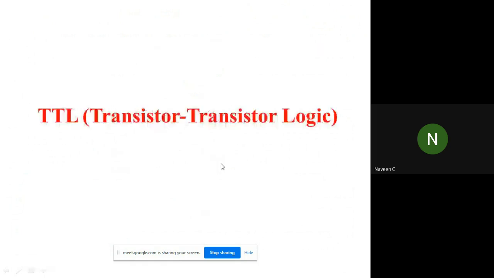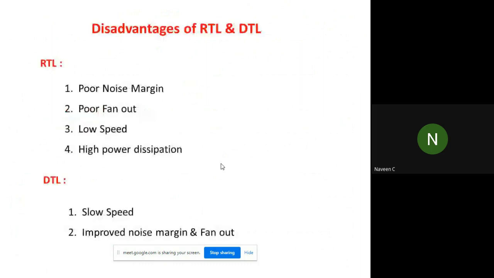Next is TTL, transistor transistor logic, meaning this logic is between transistors. What is the disadvantage of what we have seen in resistive transistor logic? For RTL we have a very poor noise margin.